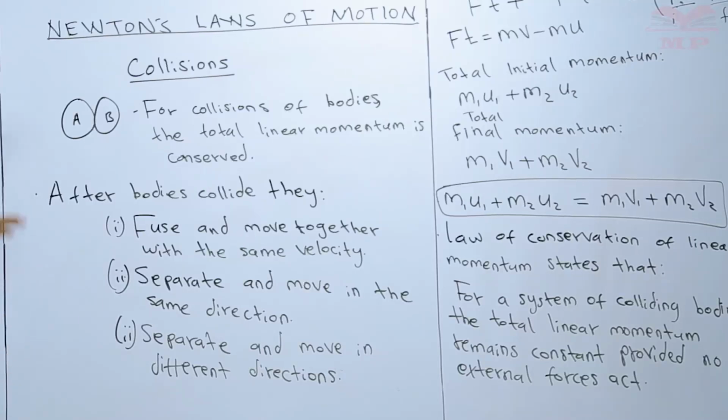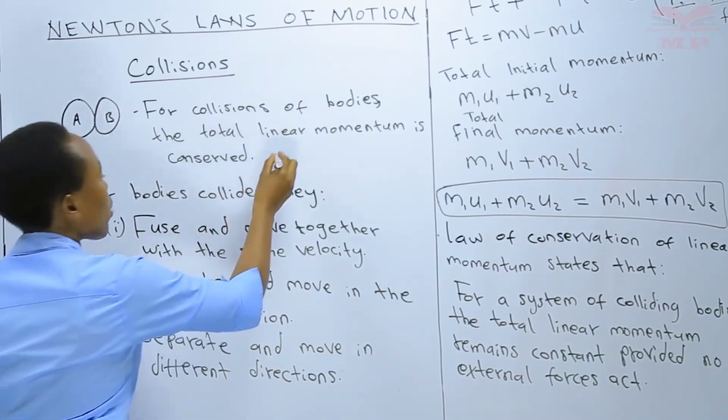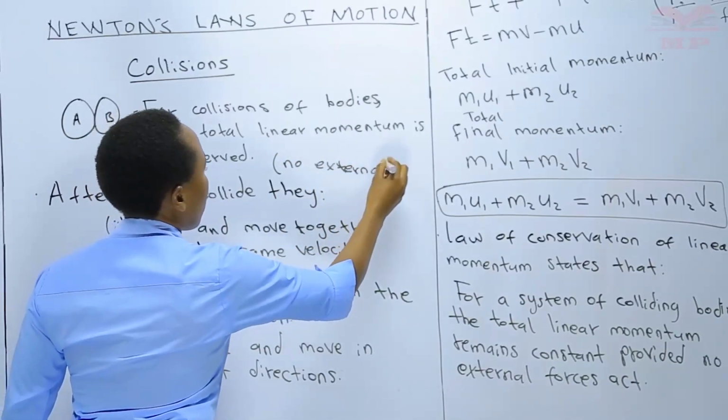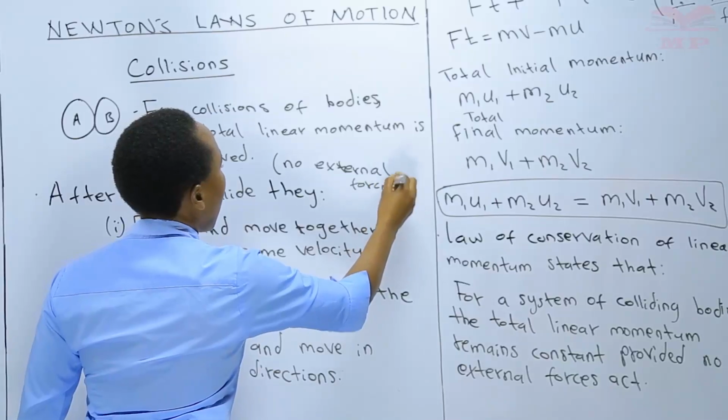We are saying that for collisions of bodies, the total linear momentum is always conserved, provided there are no external forces. No external forces act.